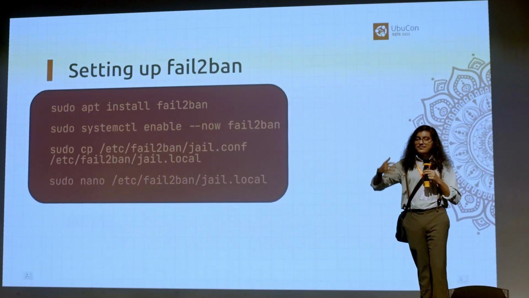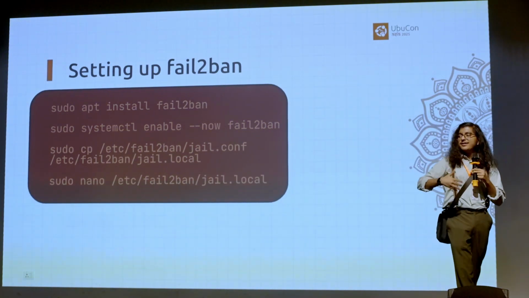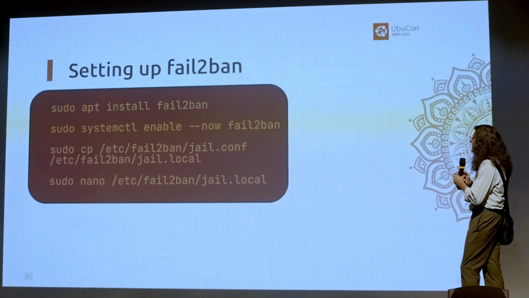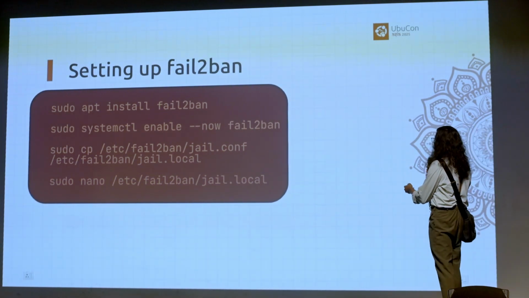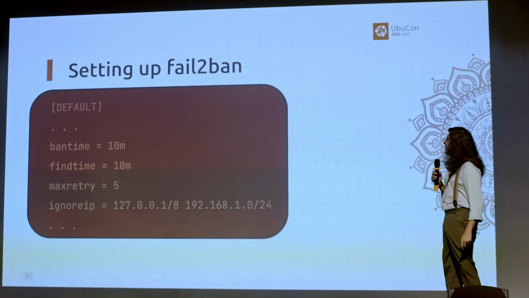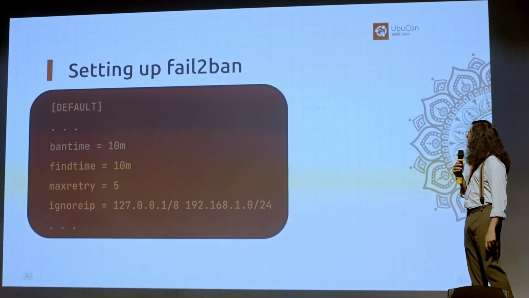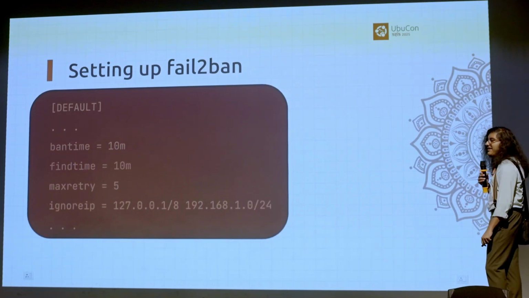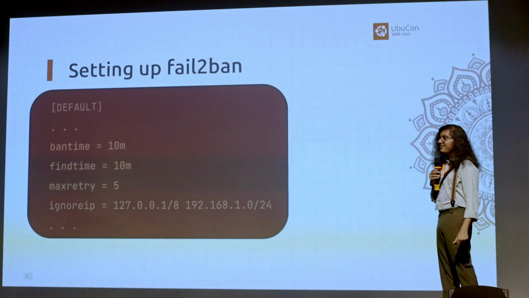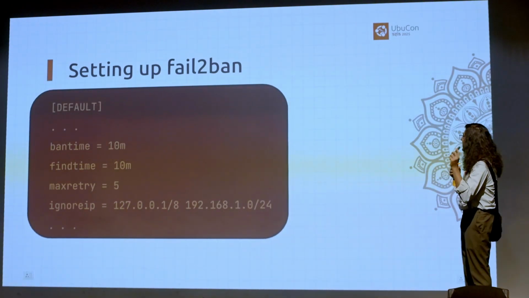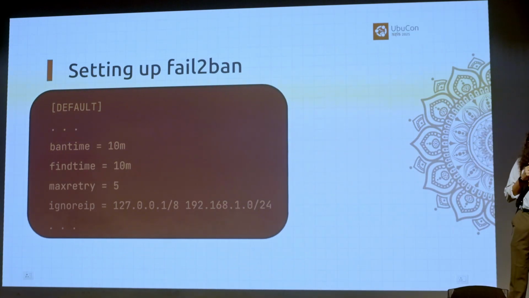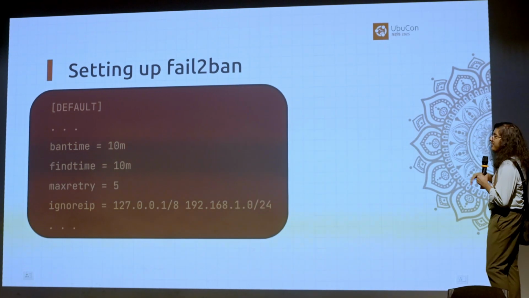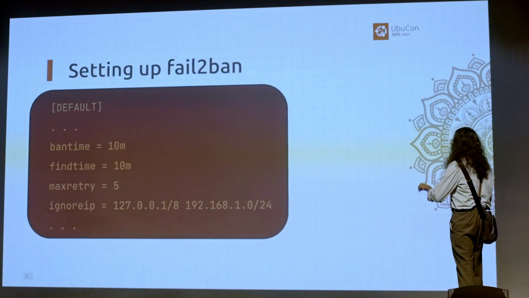And that way, until a certain amount of time, it won't allow any of those requests. And that time is set in the configuration right here. You can set up the ban time, the find time, the maximum retries that are allowed, and then you can whitelist IPs that you don't want to be banned, ever. So this is a very basic configuration of how we set up Fail2ban, but the entire configuration is obviously quite big. You can go through the documentation and everything, but this is the very basic of how it works.